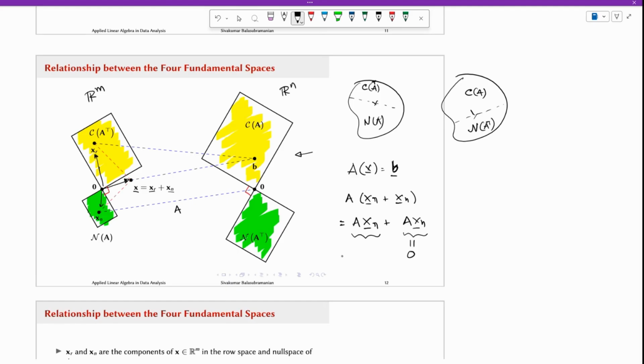And this is equal to b, which means xr must get mapped to b, because A times x is b. Because this goes to 0, this has to be b. Okay. So effectively, when you do Ax, let's say the matrix A has a non-zero null space. That means what gets mapped to some non-zero vector b is only the component of x that is in the row space. Whatever component it has in the null space gets nullified to 0.